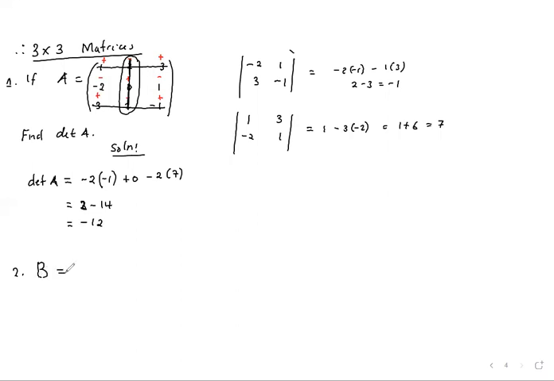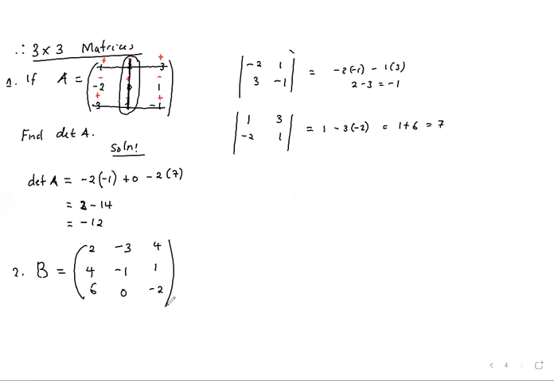B is a matrix 2, 4, 6, negative 3, negative 1, 0, 4, 1, and negative 2. We want to find the determinant of this matrix.